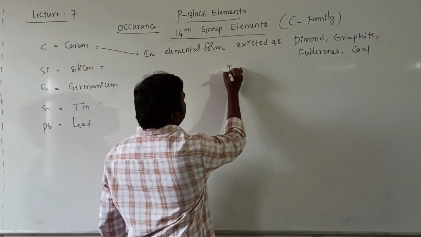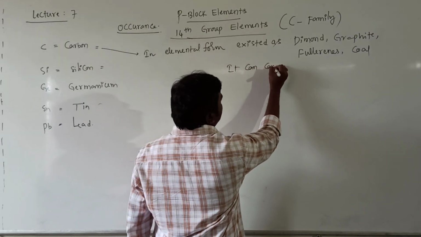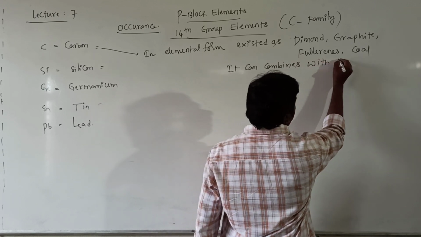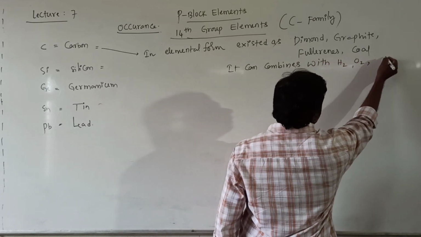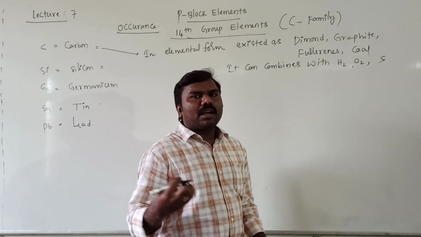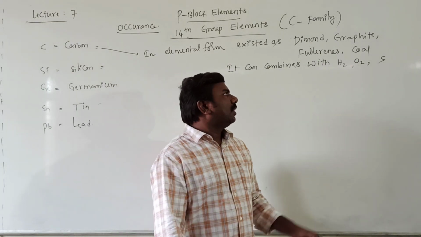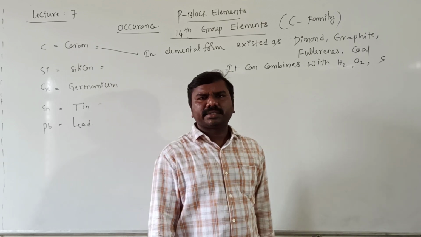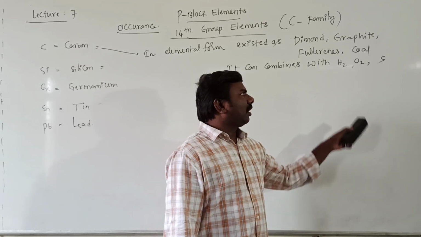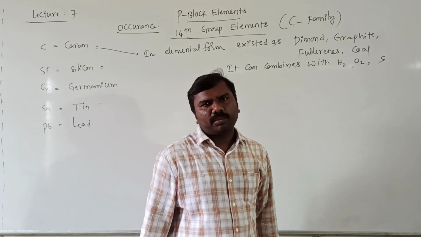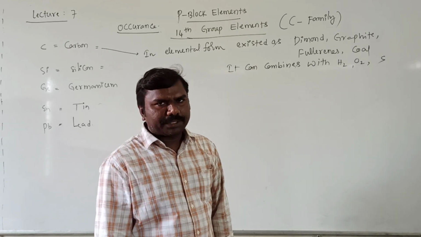Now it can combine with hydrogen, oxygen and sulfur also. Carbon and hydrogen give hydrocarbons, all organic compounds. Carbon and oxygen give carbon dioxide, carbon monoxide. Carbon and sulfur give CS2, carbon disulfide. Different compounds are possible in combined state.